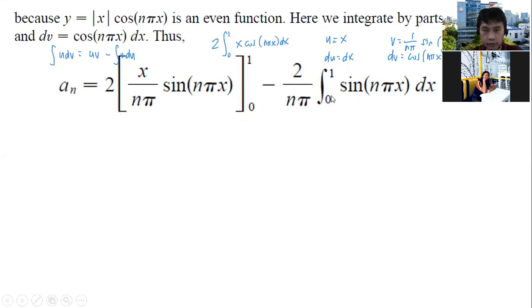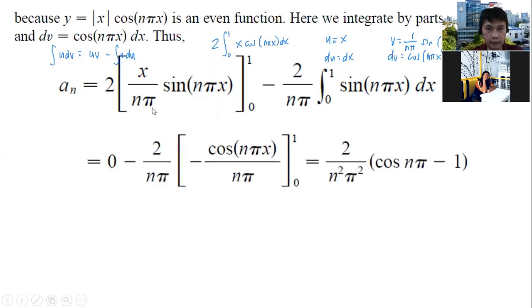So we need to evaluate the first term first. If we evaluate this first term, it turns out to be 0.